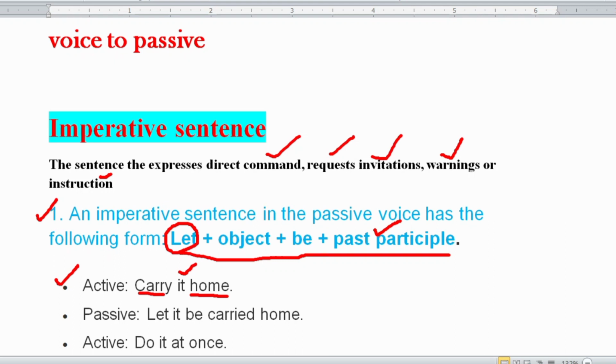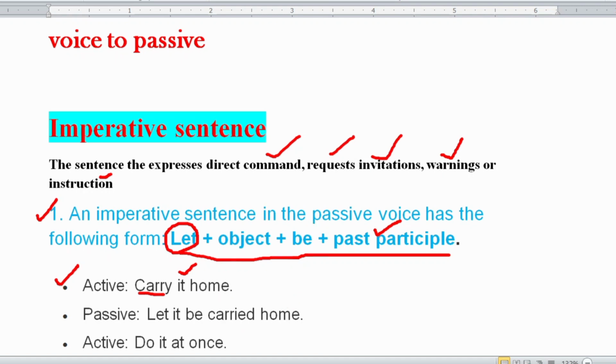We put let, and we put it as the object. After that, be, as in the formula, and then carried. Carried is the verb, the third form of the verb is used. And home, the adverb, comes at the end of the sentence, as we already know. So this was the first example.